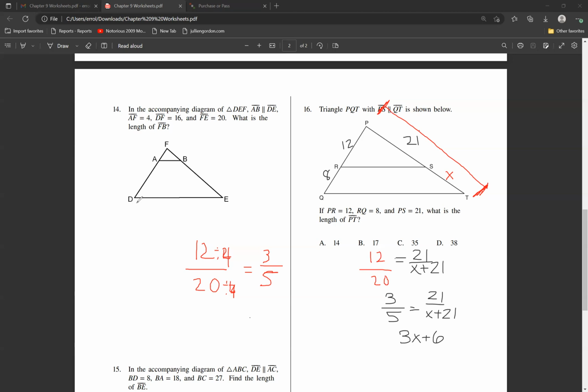So what's 21 times 5? 105, exactly. Equals 105. Don't forget the 3. 3x plus 63. Oh. Forgot the 3. 21 times 3, 63. Yep. Equals 105.